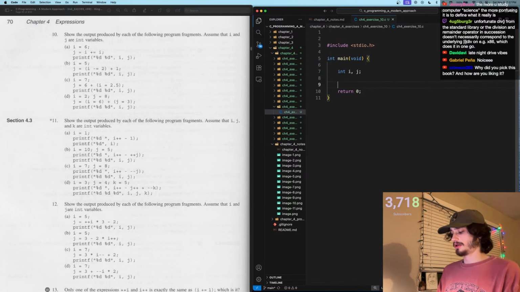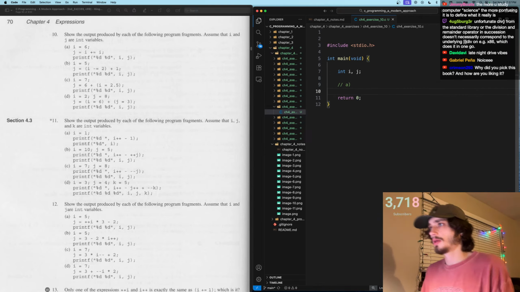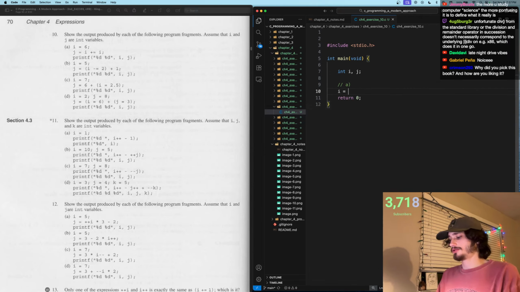Let's do A. So i is going to equal 6. j is going to equal i plus-equals i. And then we're going to call printf with %d space %d, i and j. Okay, so let's think what's going to happen here.